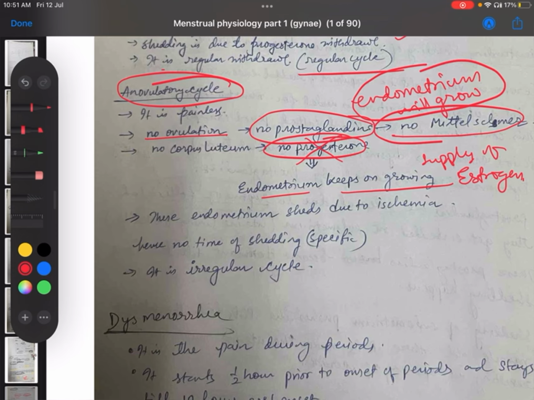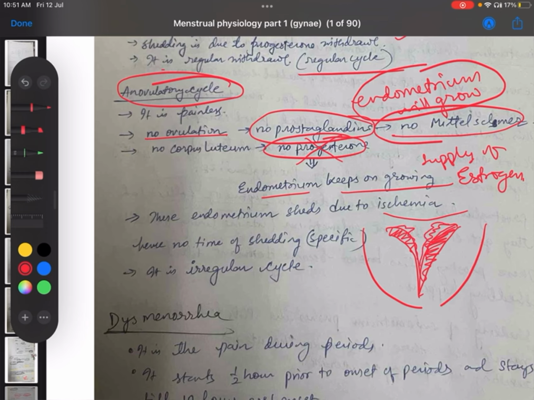Now, so what happens? In an anovulatory cycle, is there no menstrual bleeding? Yes, there is menstrual bleeding. How does that take place? It is very simple. Suppose this is the endometrium. It keeps on growing, it keeps on growing.